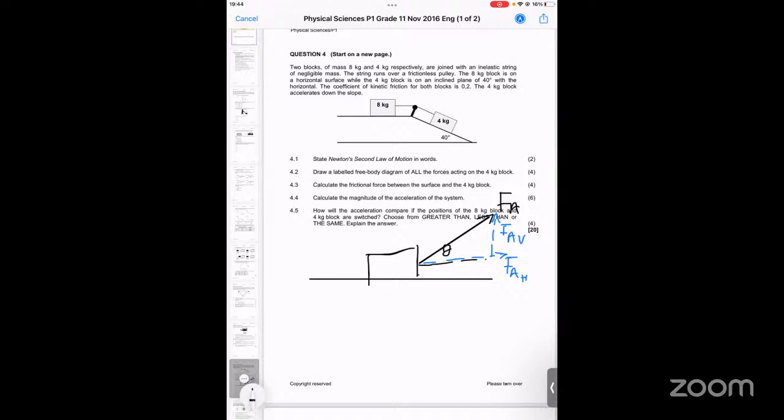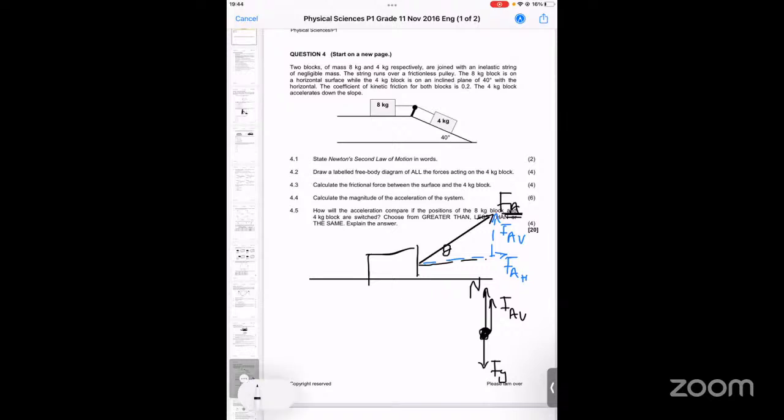It therefore means, if I had to draw a labeled free body diagram, I have this one that is always there and going down, I also have the normal force, and I also have force applied vertical, which is the component of that force applied.